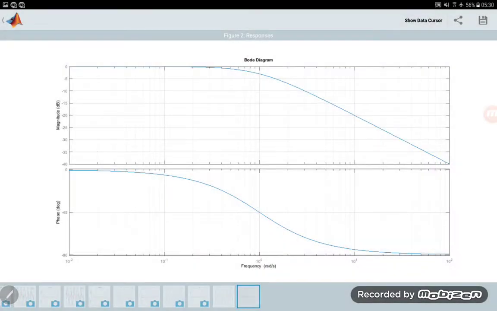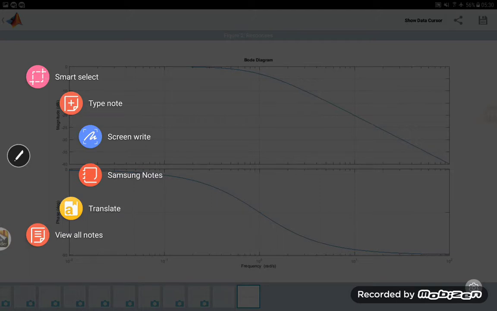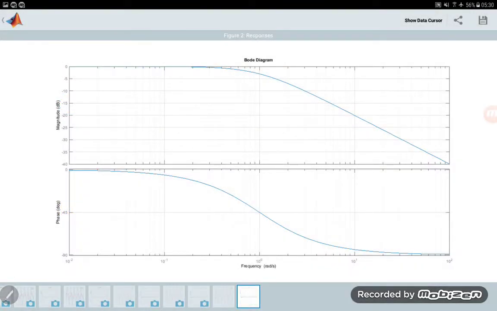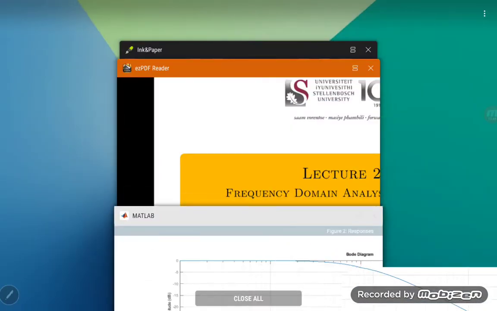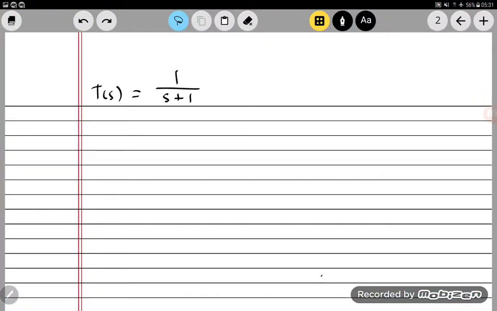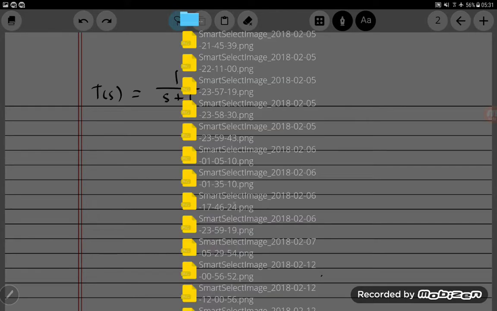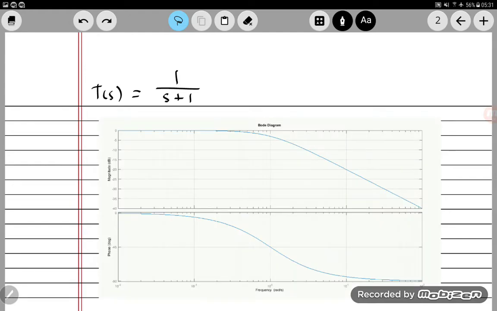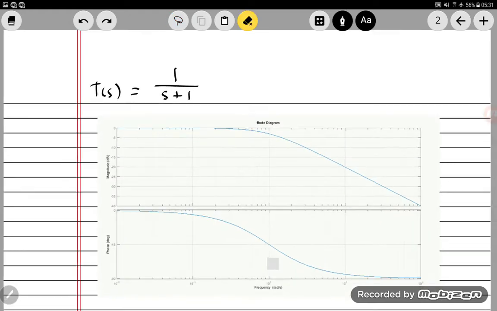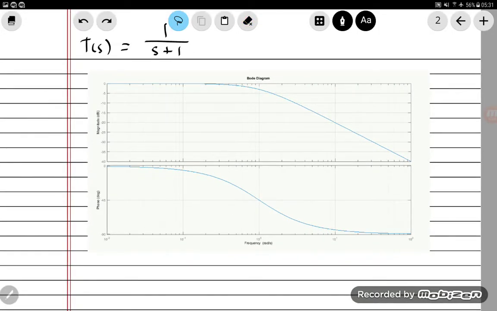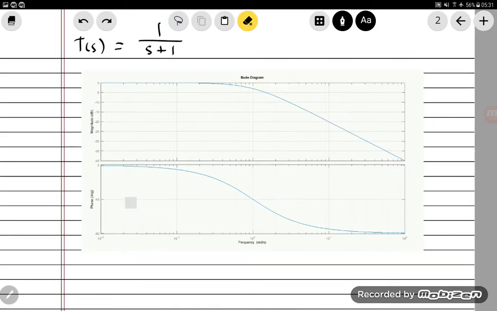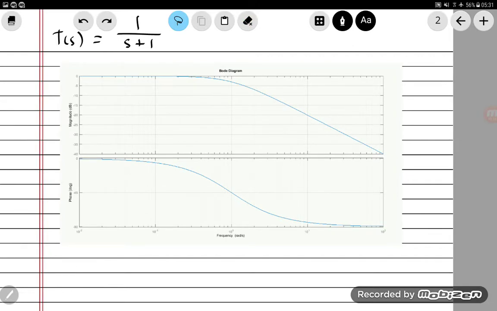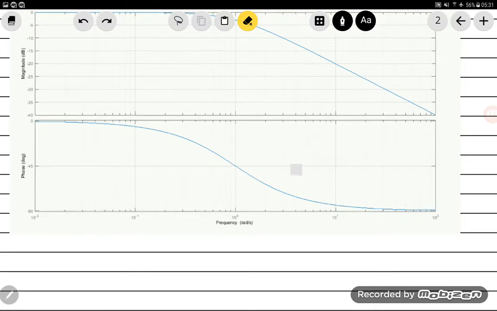Let's borrow this plot for a second again, and use this Bode plot to confirm whether our amplification or attenuation and phase angle at the frequency pi was correct.